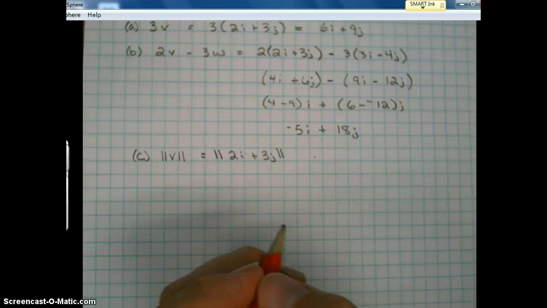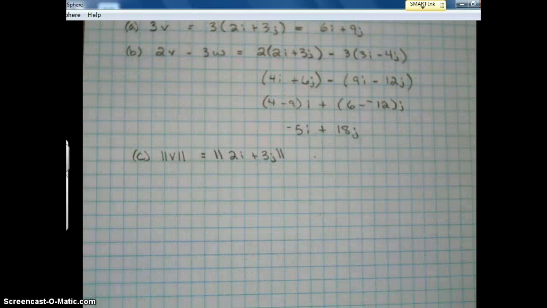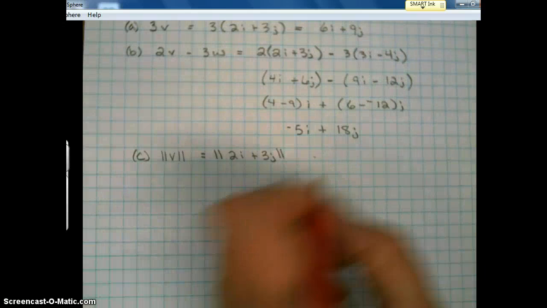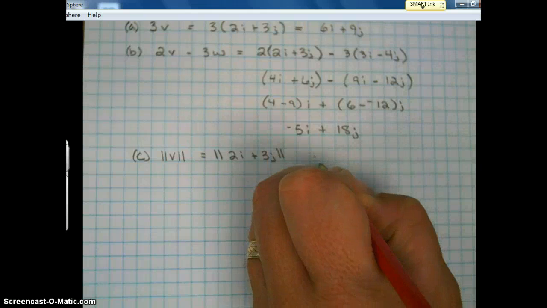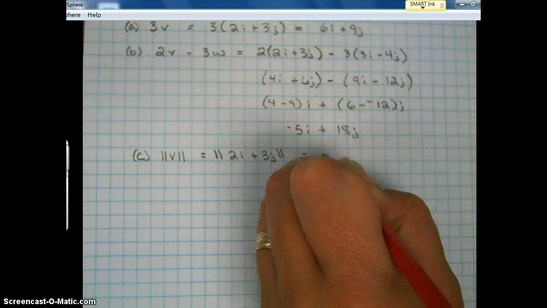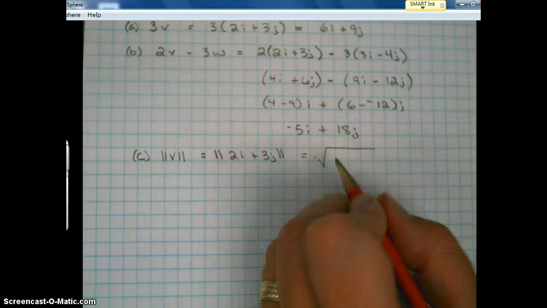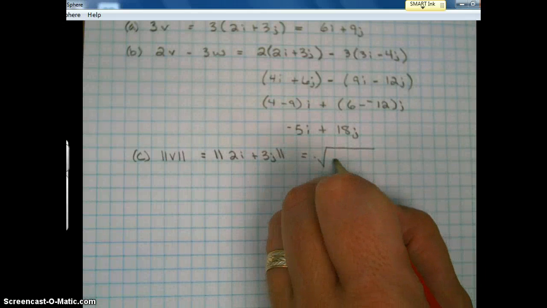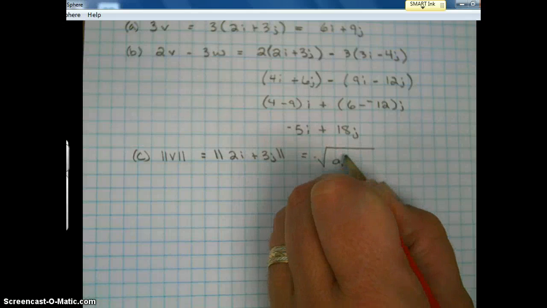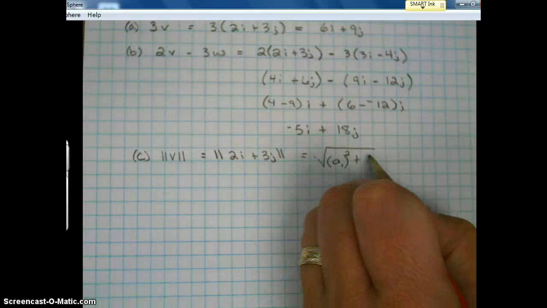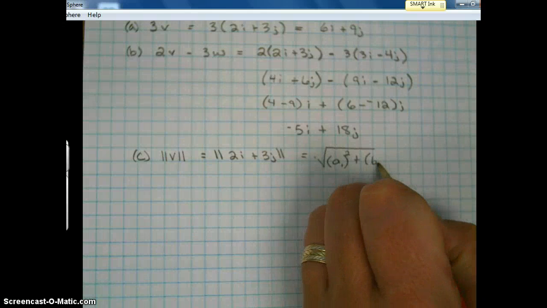The formula is the square root of a sub 1 squared plus b sub 1 squared.